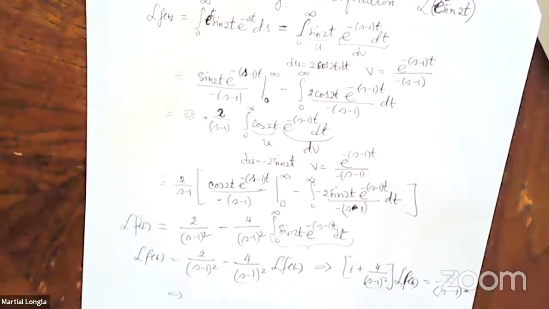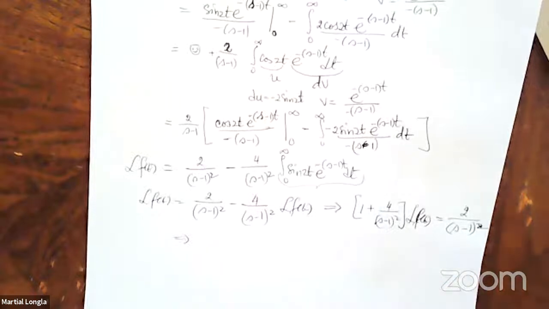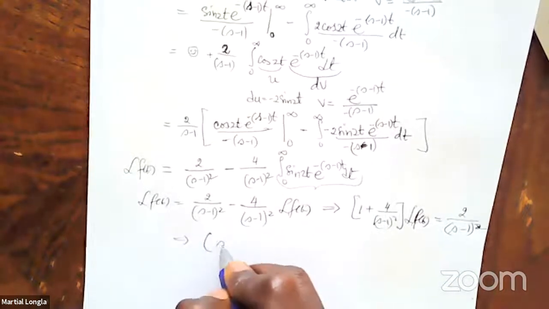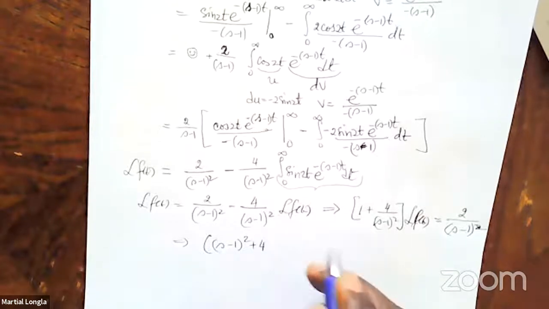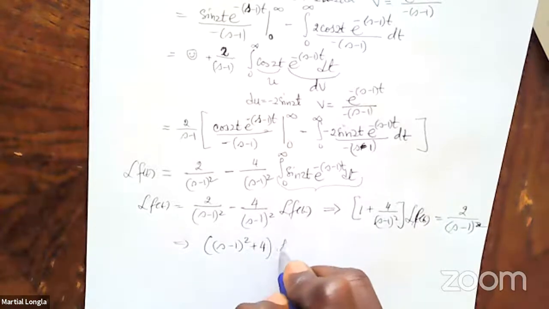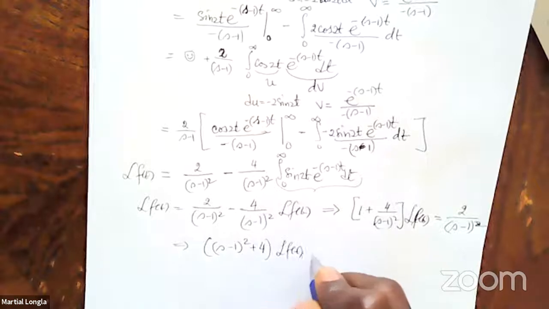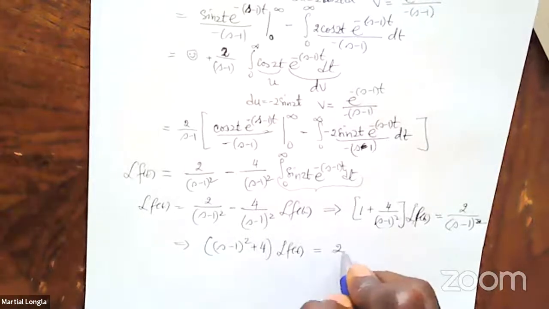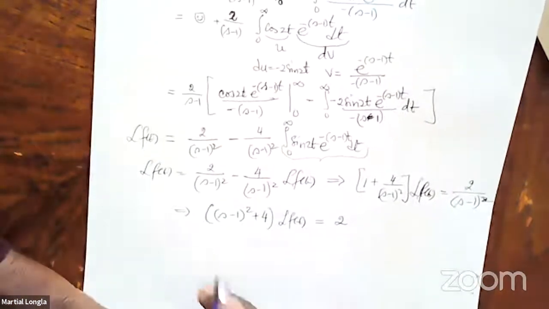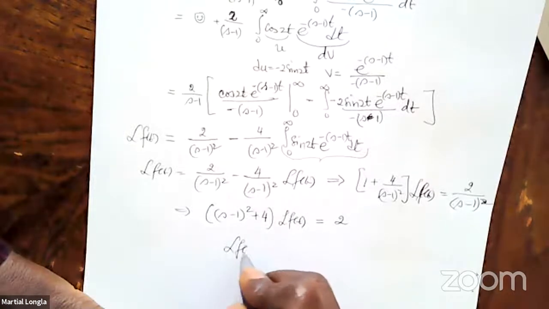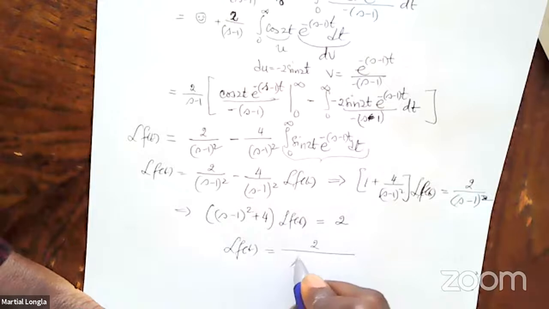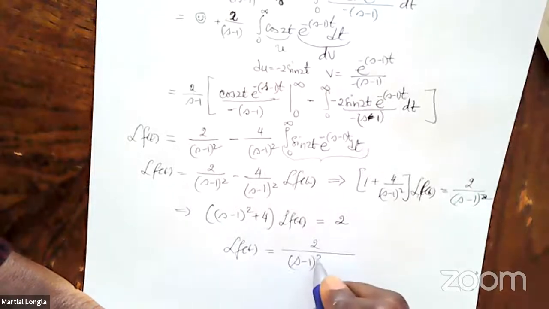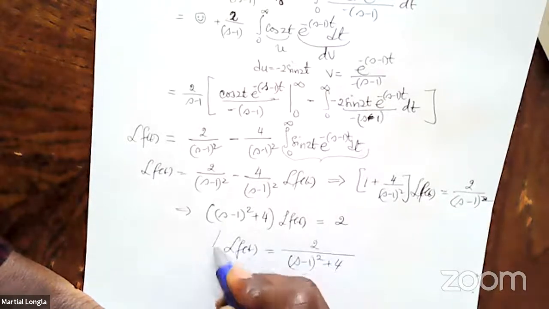You bring this to the common denominator, you get s minus 1 squared plus 4, times the Laplace transform of f of t, equals 2. From where you can solve: the Laplace transform of f of t equals 2 over s minus 1 squared plus 4.